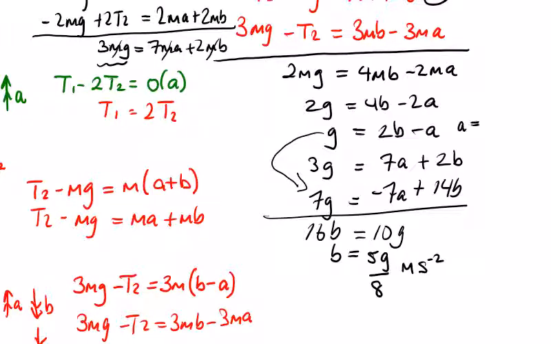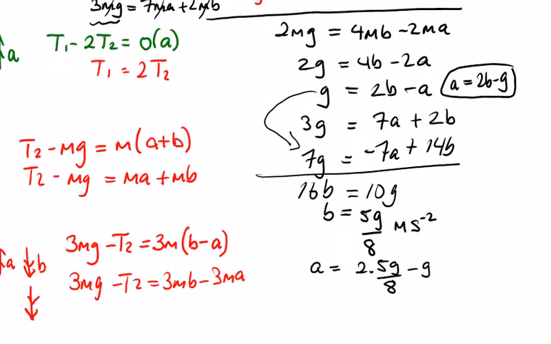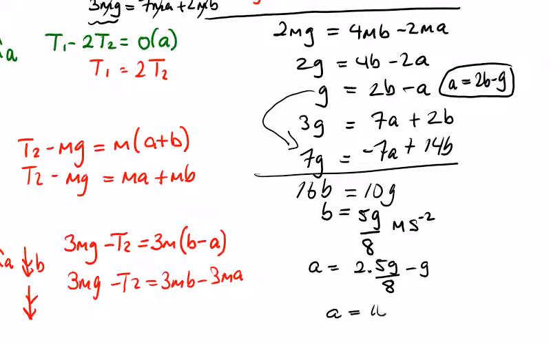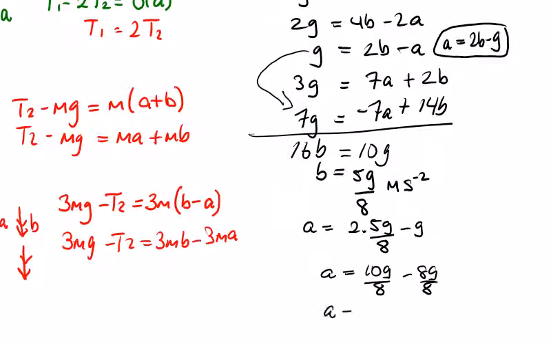A is equal to 2b minus g. A is equal to 2 times 5g over 8 minus a full g, so I have 10g over 8 minus 8g over 8. So A is equal to 2g over 8, or g over 4 meters per second squared, if you want to write it like that.